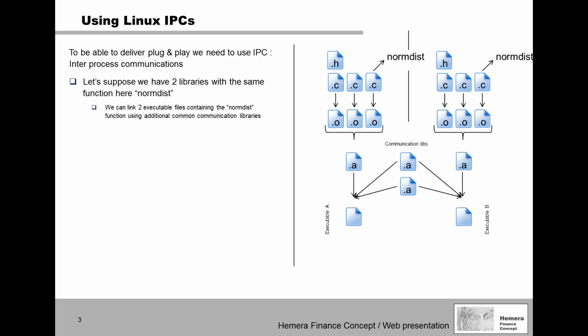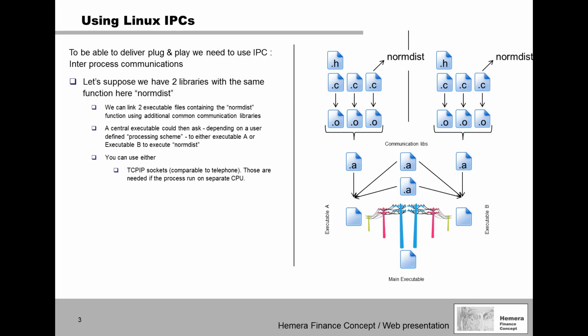So executable A contains the normDist function of the left library, and executable B contains the normDist function of the right library. A central executable could then ask, depending on a user-defined processing scheme, either executable A or B to execute their own normDist function and give back the result.